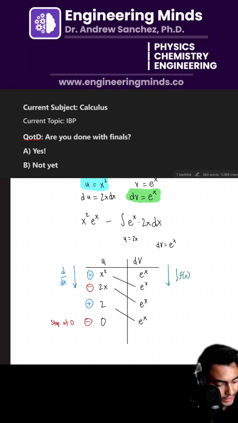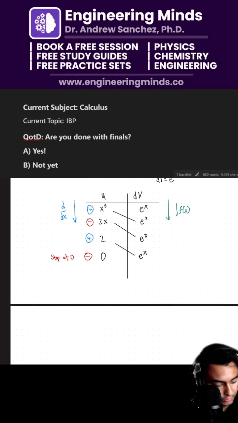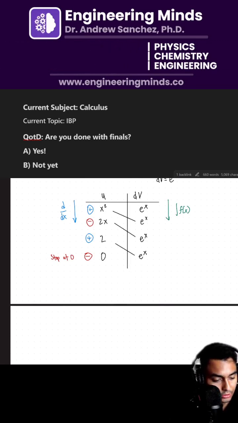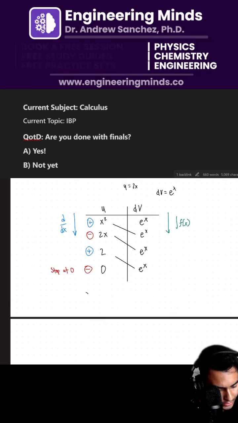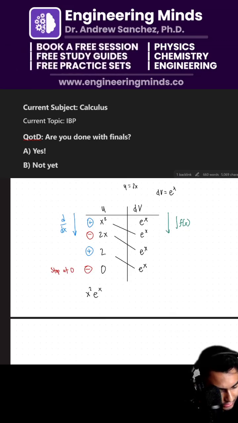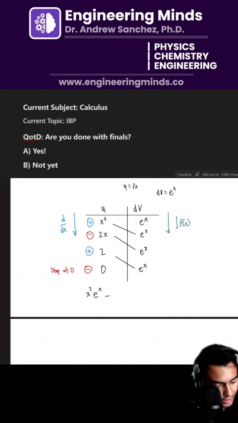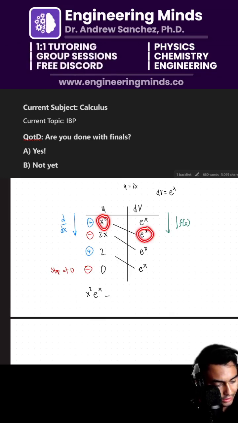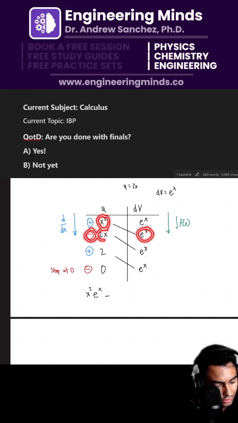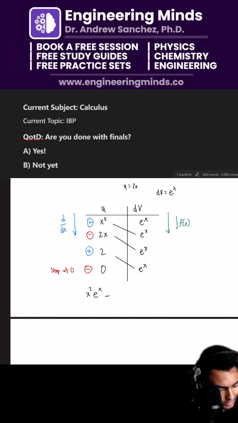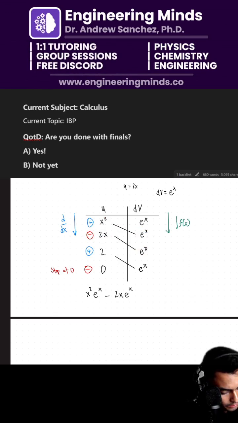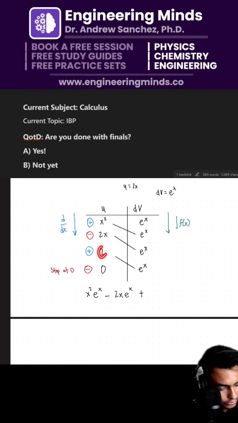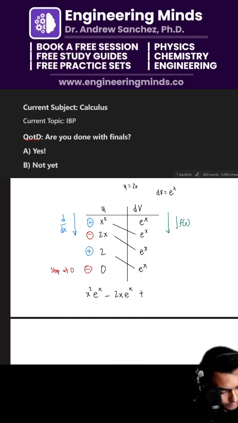And just like magic, we have our answer where we avoided doing a multiple integral series. We get the answer where we multiply x squared times e to the x, minus 2x times e to the x, plus 2 times e to the x.